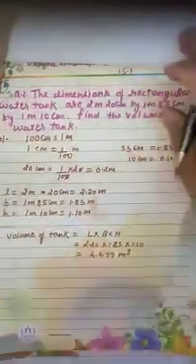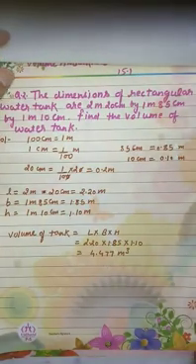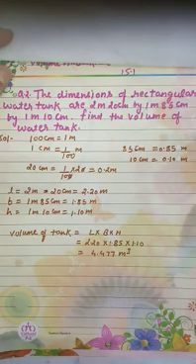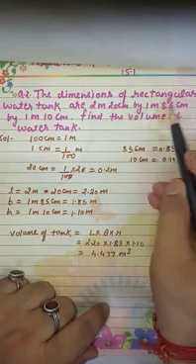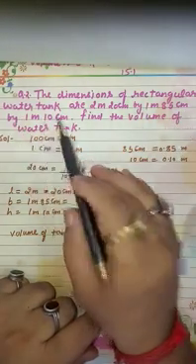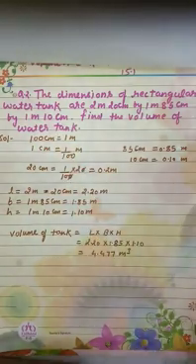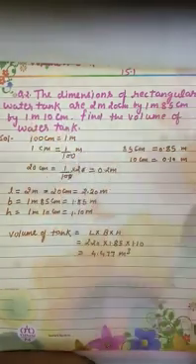Now class, come to the next, 15.1 question number 2. Class, the dimensions of rectangular water tank are 2 meter 20 centimeter by 1 meter 85 centimeter by 1 meter 10 centimeter. Find the volume of the water tank. Class, as you can see here, this is the length, this is the breadth and this will be the height.